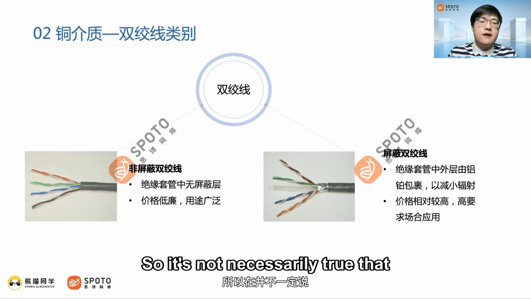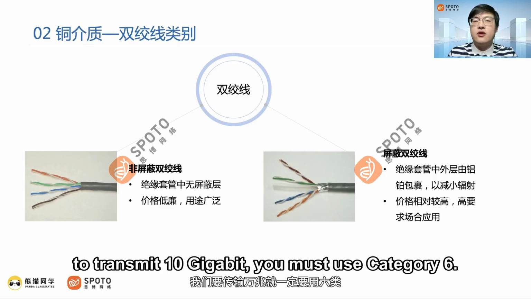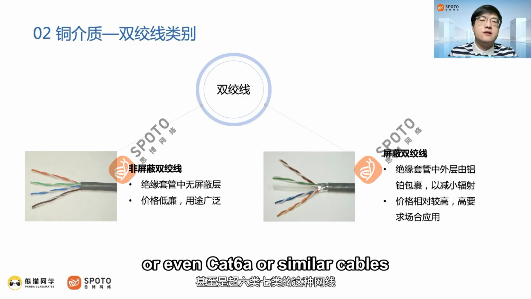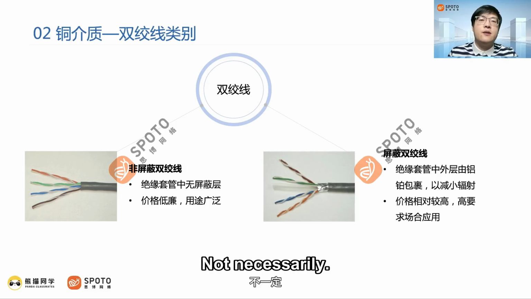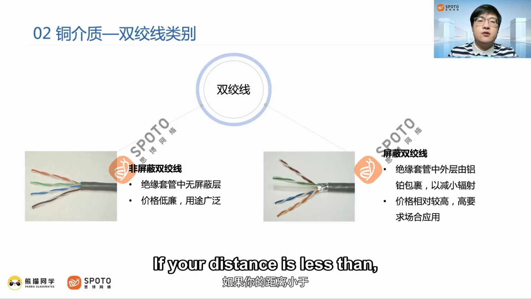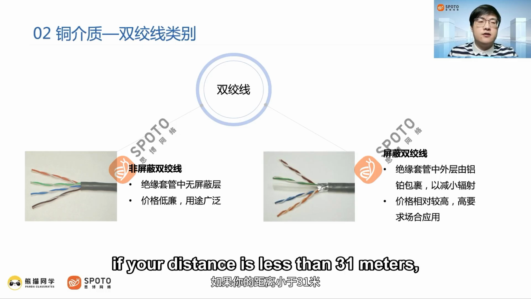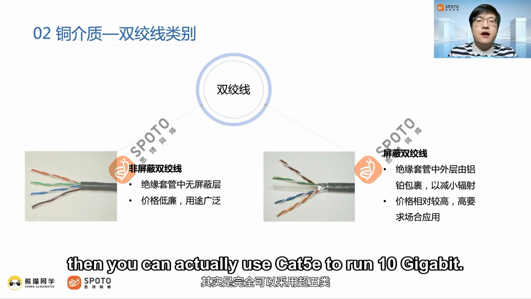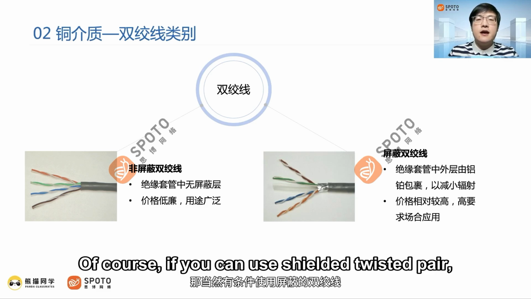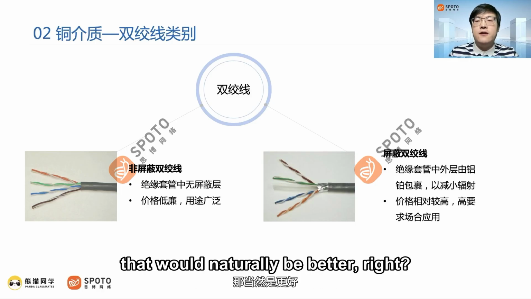So it's not necessarily true that to transmit 10 gigabit, you must use Category 6, or even Cat 6A or similar cables. Not necessarily. We've tested it before. If your distance is less than 31 meters, then you can actually use Cat 5e to run 10 gigabit. Of course, if you can use shielded twisted pair, that would naturally be better, right?